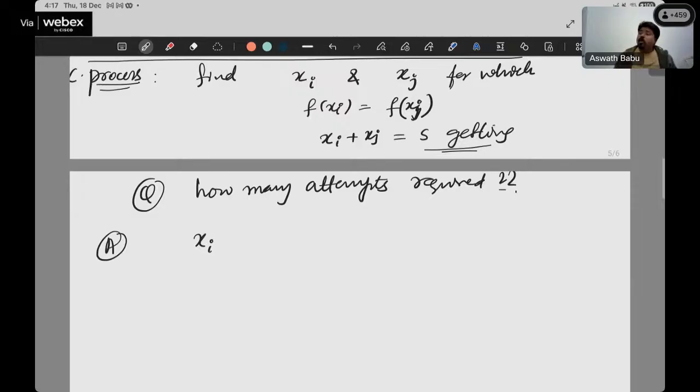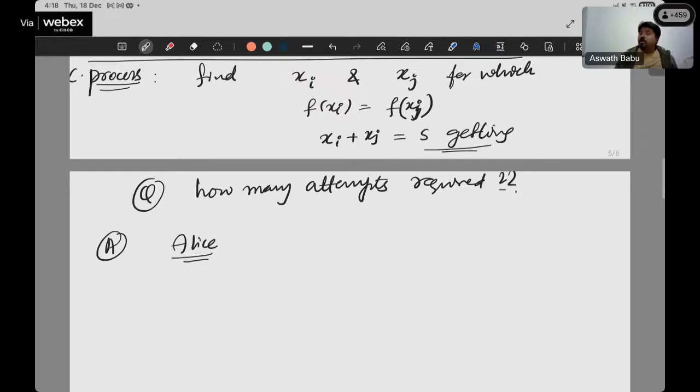Let me name them. Let's say the first one is Alice. Alice is picked. Alice has to find a Bob from the remaining list who gives the same functional value along with Alice.